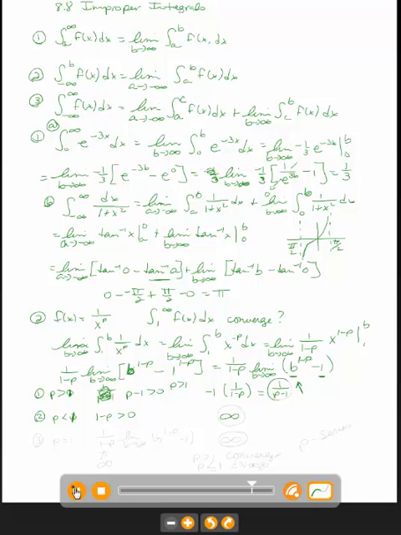So I have this answer in case 1, I have this answer in case 2. Case 3 would be what happens when p equals 1. If p equals 1, then what's going to happen here? If p is 1, that 1 over 1 minus p part of it, let me rewrite what I've got here.